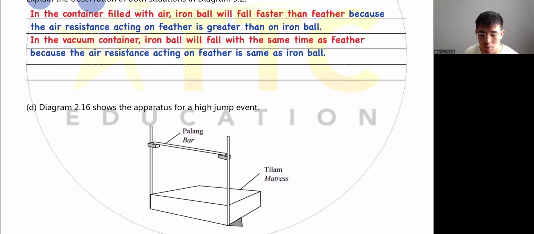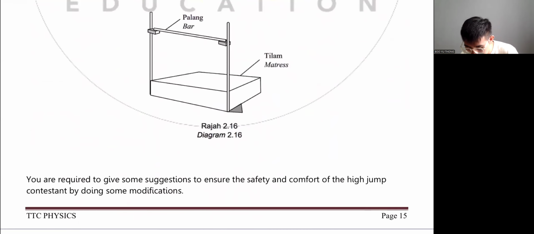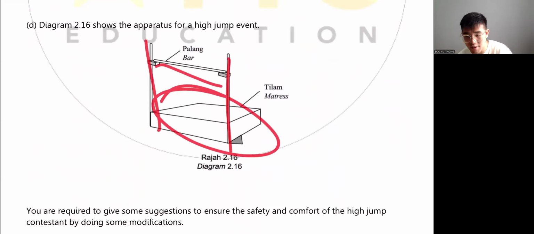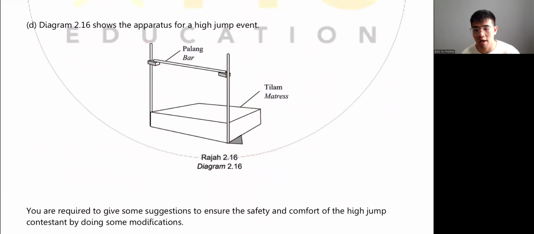The question says diagram 2.16 shows apparatus for a high jump event. So this is a high jump event for the school sports day. You can see the most important parts are the pole, and then the mattress after the pole. After the athlete jumps over the pole, the athlete will fall onto the mattress.